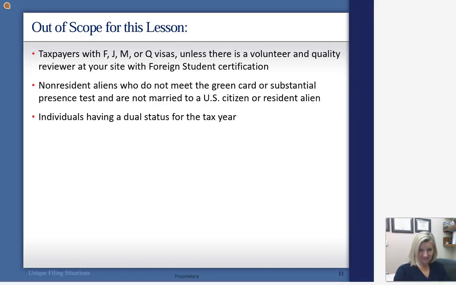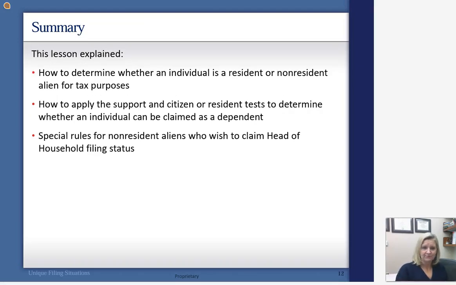We have seen M visas before, but the majority of the visas that we see here are F1 visas and F2 visas. Non-resident aliens who do not meet the substantial presence test or the green card test are out of scope for us. We cannot file those. And also individuals who have dual status for the tax year.